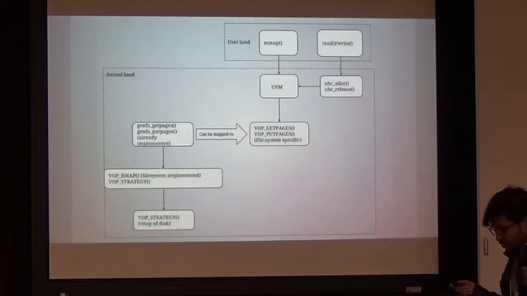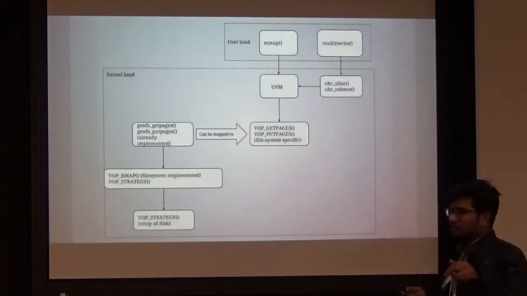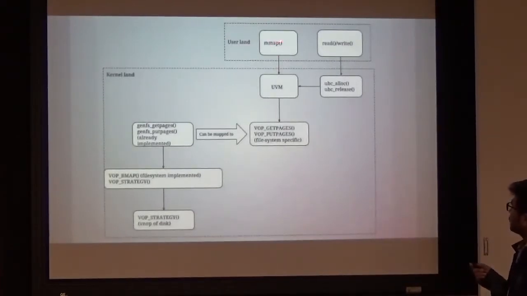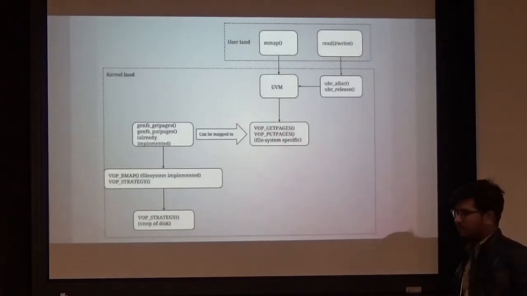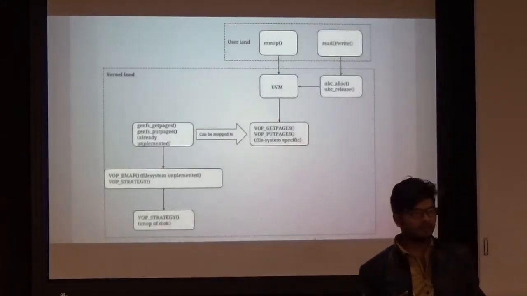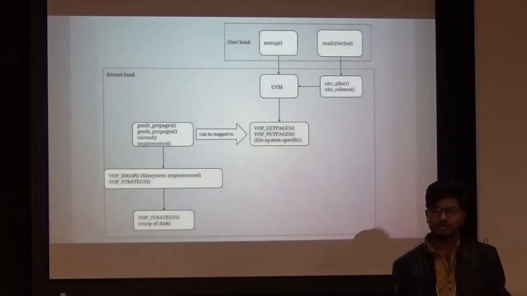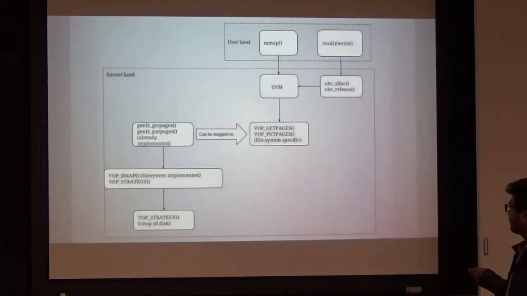When any user requests file data mapping using mmap, the request goes to UVM, and then UVM invokes VOP get pages and VOP put pages. These two functions have to be implemented by the file system developer, because only the specific file system developer knows the approach to get the data and store the data inside the file system.